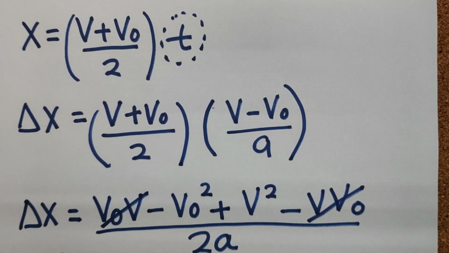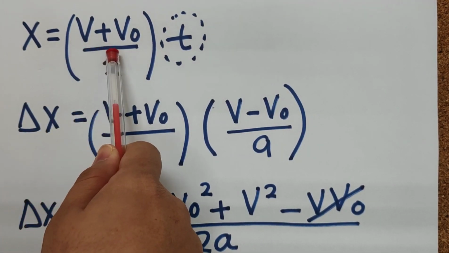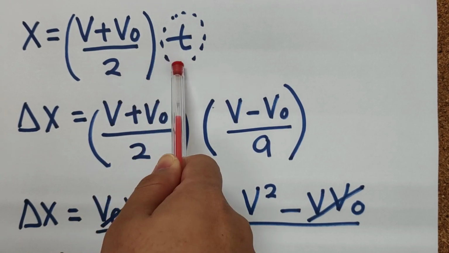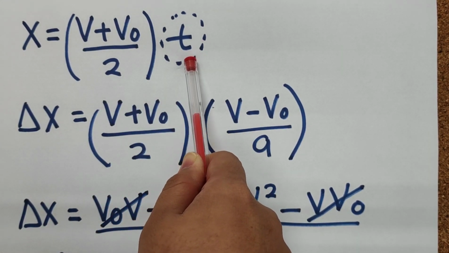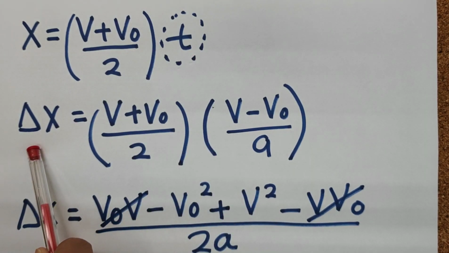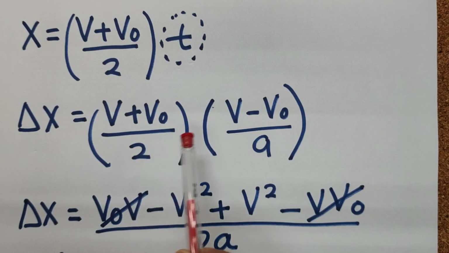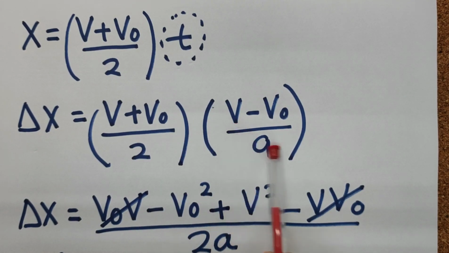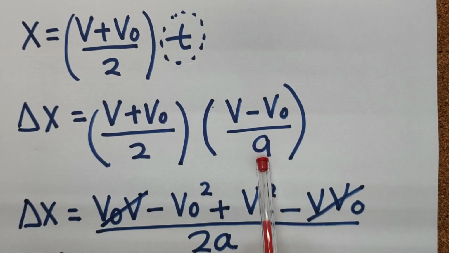The third equation is derived from x equals v plus v naught divided by 2, times t. Now we substitute t from equation number 1. Therefore, it becomes delta x equals v plus v naught divided by 2 multiplied by v minus v naught over a, from kinematic equation 1.